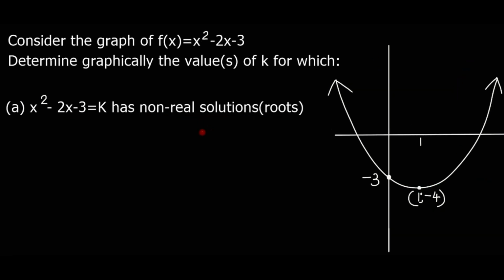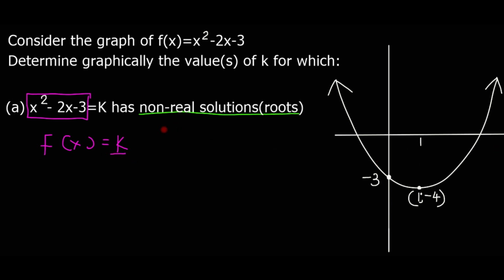And then what about this one? Suddenly the same graph but a different question. This one is non-real solutions. But now what is important in this part? f(x) is k. So this is f(x) equal to k, that's about the horizontal line, whereby this is the constant.